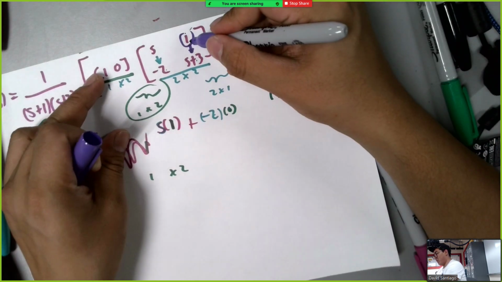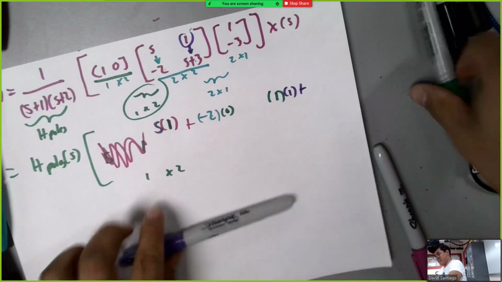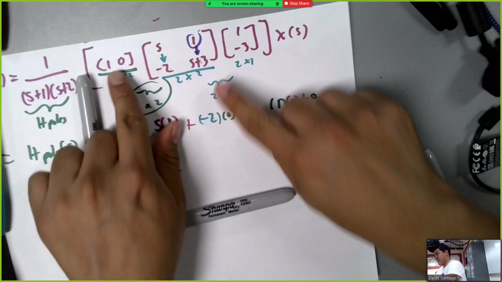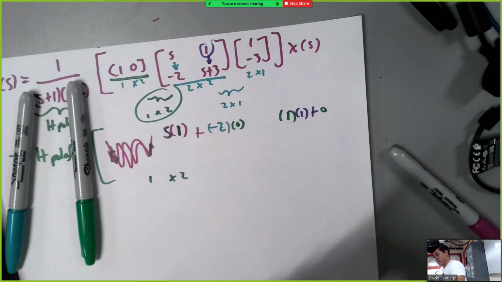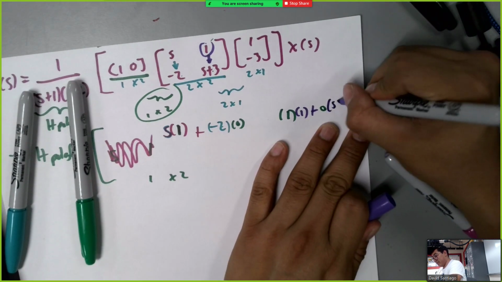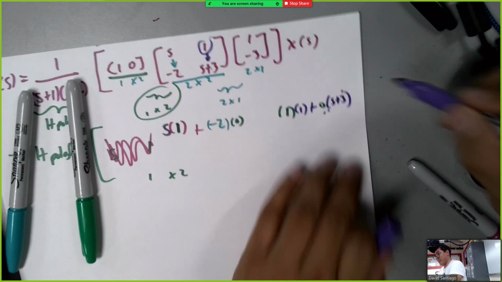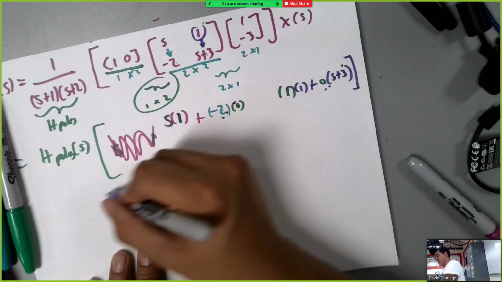Okay? 1 times 1 plus, here's a 0, times this. And let's use the purple marker, S plus 3. Okay, but you see how this goes away? And then this goes away to give you the following result.